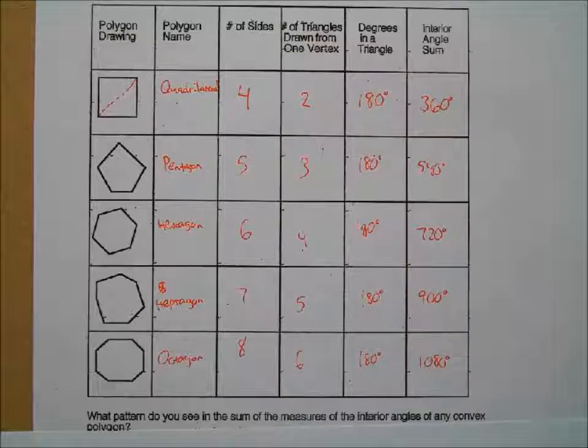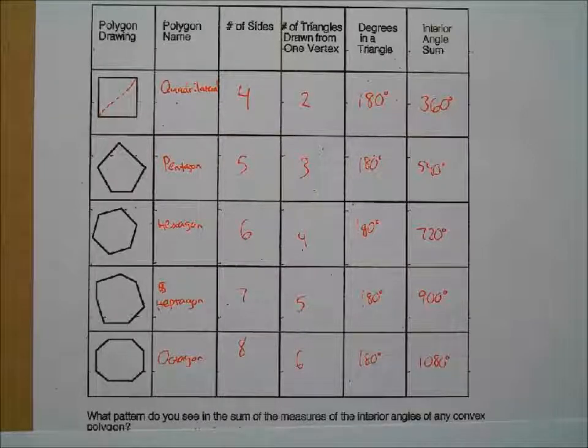Yeah, Madison? As the sides of the polygons increase by 1, the interior angle sum increases by 180. Aha. Okay, so every time we add a side, we're adding 180 degrees to the interior angle sum. Okay?